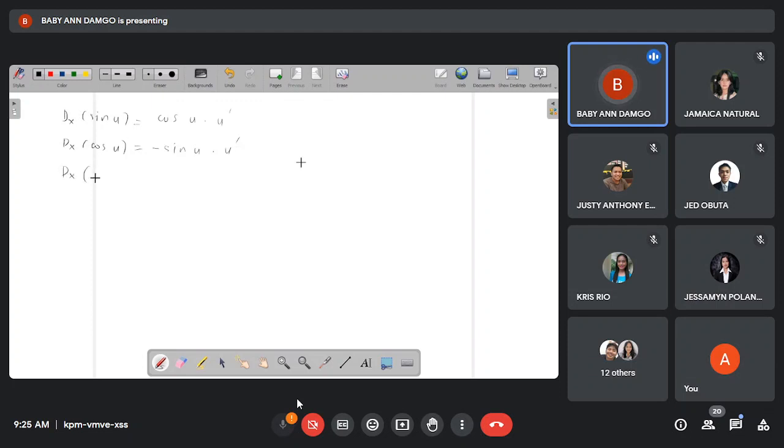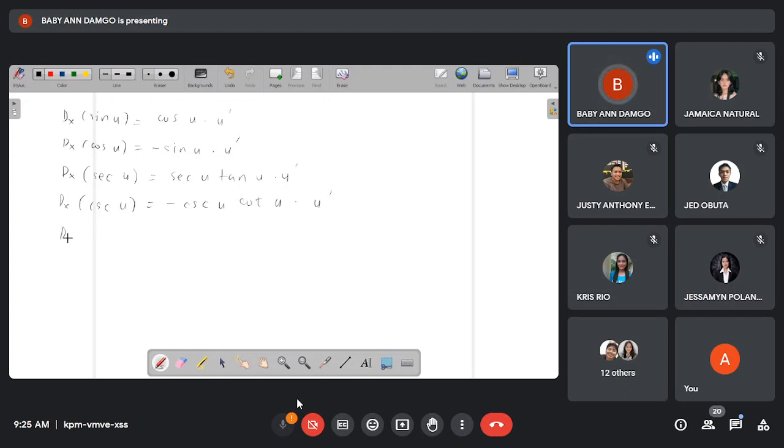So for the secant u, so this is secant u tan u times u prime. Okay? So for the cosecant u, so this is negative cosecant u times cotangent u times u prime.